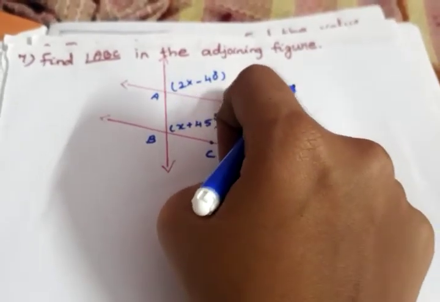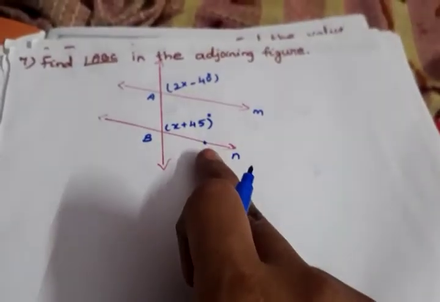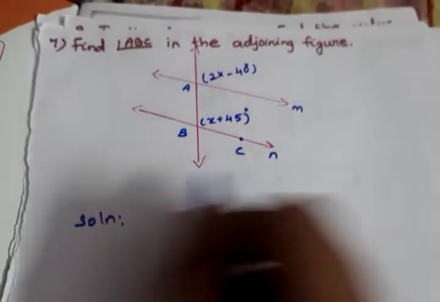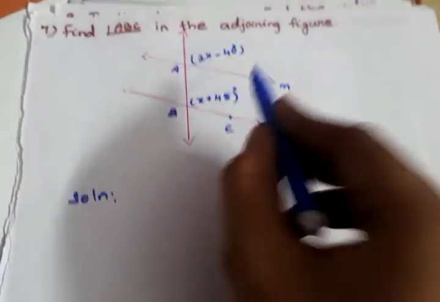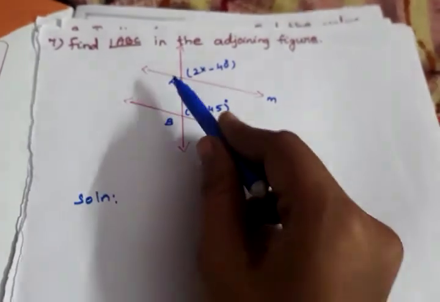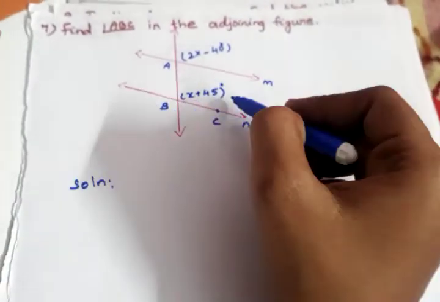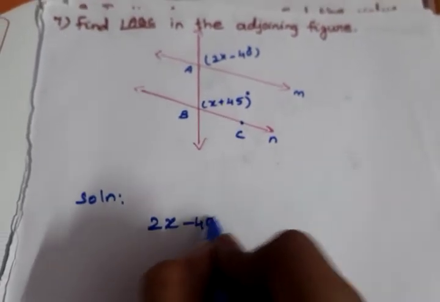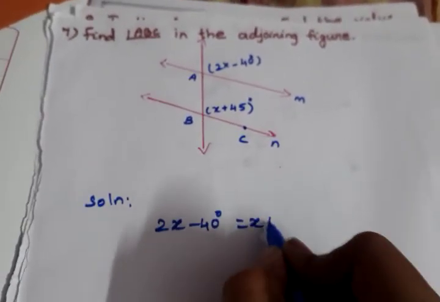Angle A is 2x minus 40 degrees, and B is x plus 45 degrees. Solution: vertically opposite angles are equal, and corresponding angles of the lines are equal, meaning F-shape angles are equal. So 2x minus 40 degrees equals x plus 45 degrees.